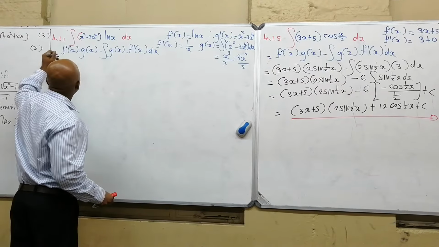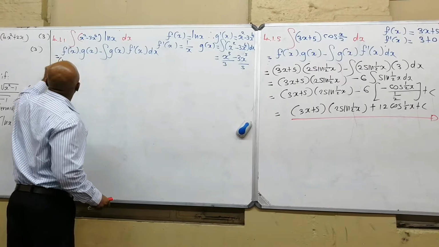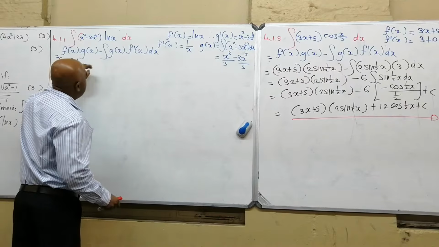So my f of x is ln x, then g of x here is x cubed over 3 minus 3 over 5 x to the power 5.